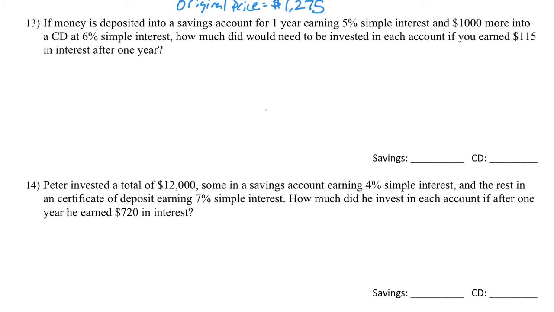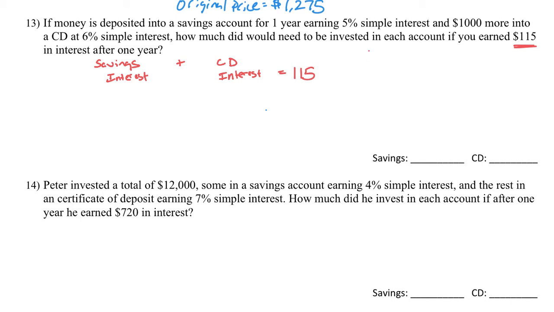We've got money going into a savings account, plus we've got money going into a CD. Now we know that the interest from the savings plus the interest from the CD will be a grand total of $115.